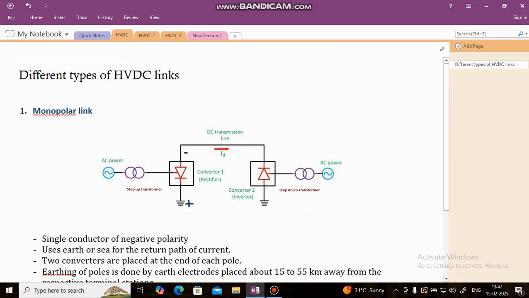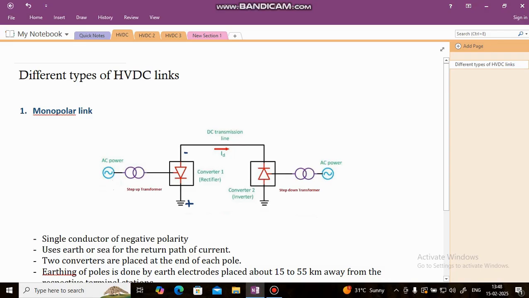As the name suggests, mono, here in this HVDC link, there is only one conductor to transmit the power. Here you can see the AC power is fed into the system, and this AC voltage may be at the generating stations, and this generating voltage is stepped up with the help of a step up transformer.